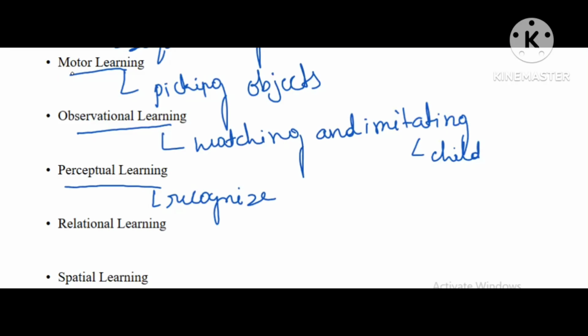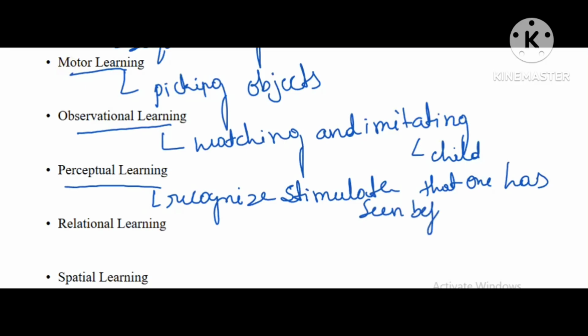So that is what we know as perceptual learning. It is nothing but identifying and classifying an object. Long ago I saw an elephant, so now if I see an elephant as an object, I need to mention that it's an elephant. So that is perceptual learning.